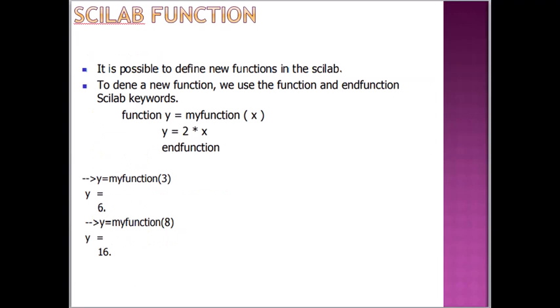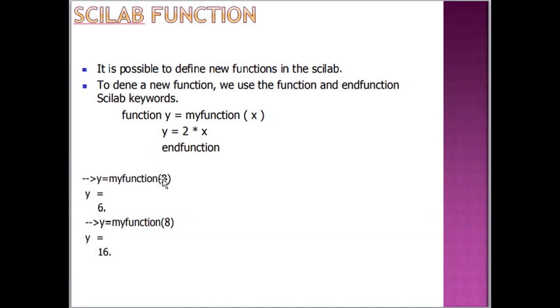And the Scilab function. The Scilab function is very important in our Scilab programming. It is possible to define a new function in Scilab, right? We use the function and endfunction Scilab keywords. So here we write function y is equal to my function x, and we define y is equal to 2 into x, and we write endfunction, and we write y is equal to my function 3.